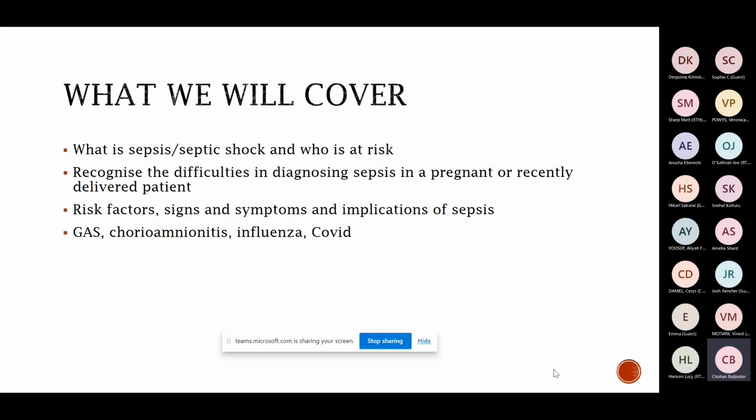Then we're going to discuss why it is sometimes so difficult to diagnose sepsis in someone who is pregnant or who's recently had a baby, because one of the recurring themes when we look at why women die as a result of sepsis in pregnancy or after delivery is delayed diagnosis. In part, that's because it's difficult to diagnose sepsis sometimes. As I said, we'll look at the risk factors, signs and symptoms, and the implications for mum and baby. And then we'll focus on group A sepsis, chorioamnionitis, influenza, and COVID.